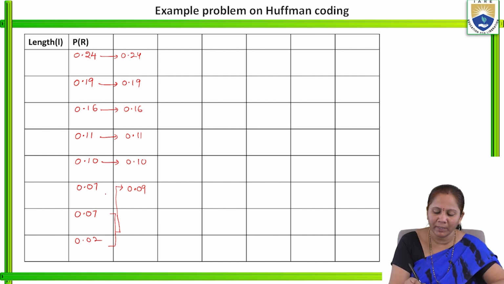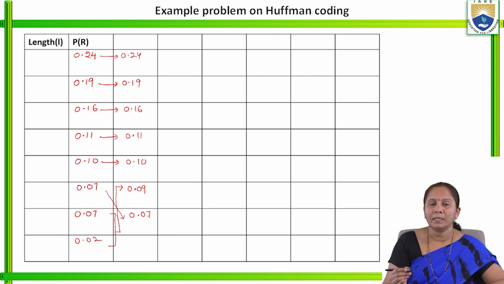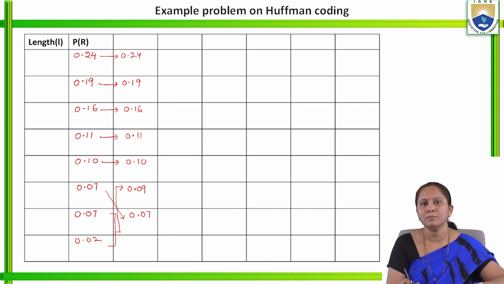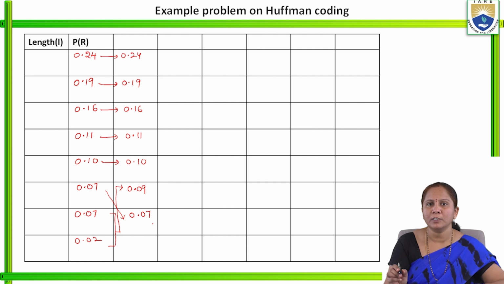So this will be coming here, 0.07. So like this we have to perform the addition operation between the two bottom symbols, and place the new code in the proper place. Like this we have to continue until only one symbol is reached.